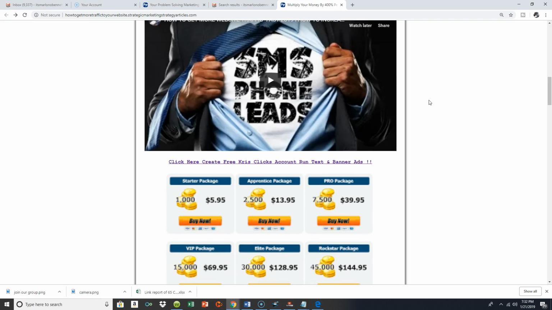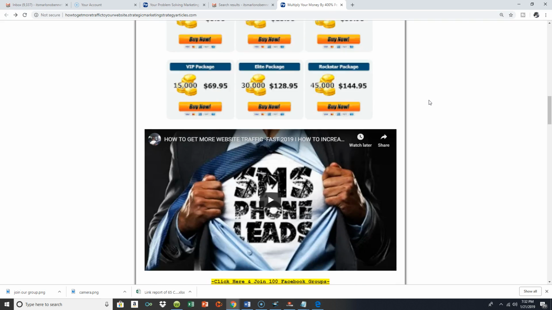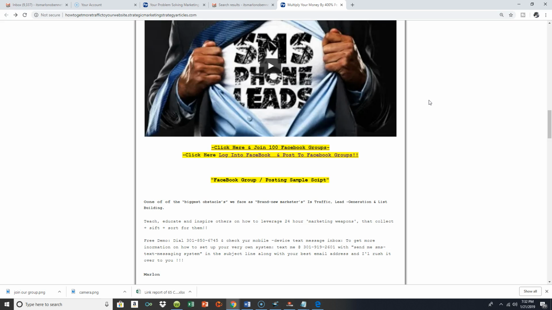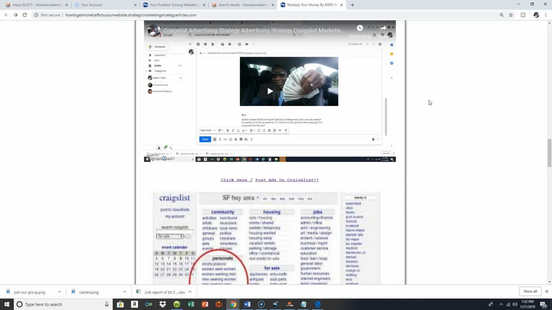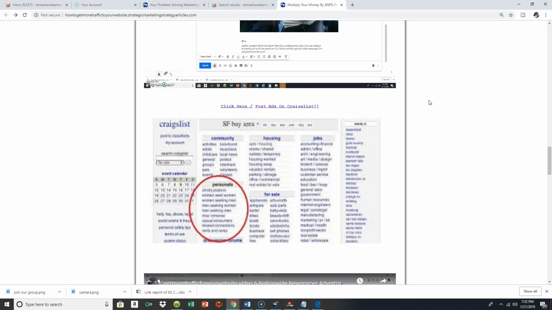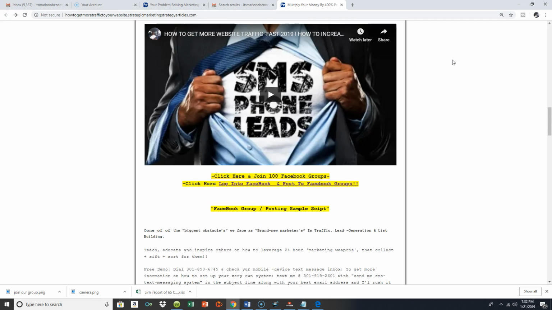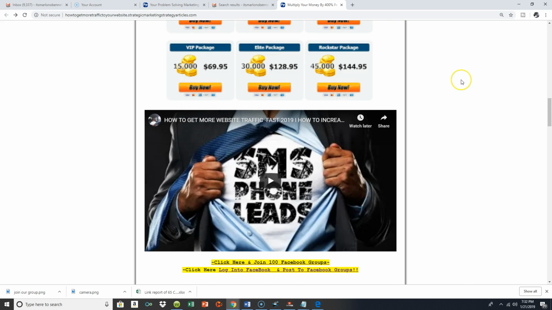The other one that I'm really excited about, and I'm scrolling down, is Craigslist. You'll find, guys, you can set up a Craigslist account within a few minutes, but if you're on my How to Get Traffic website, you can click right here and start posting ads. I'm generating leads from Craigslist using my SMS phone leads number in conjunction with the ads I'm posting on Craigslist.